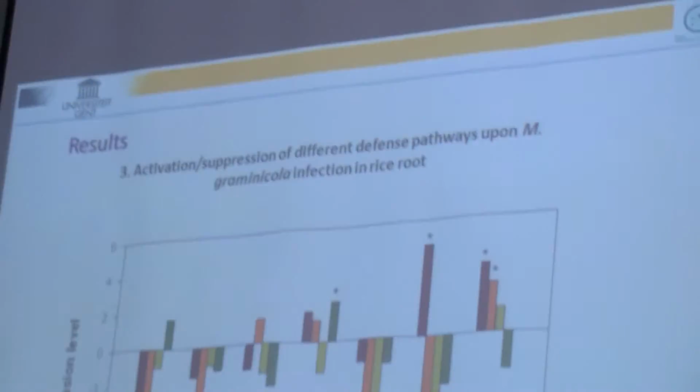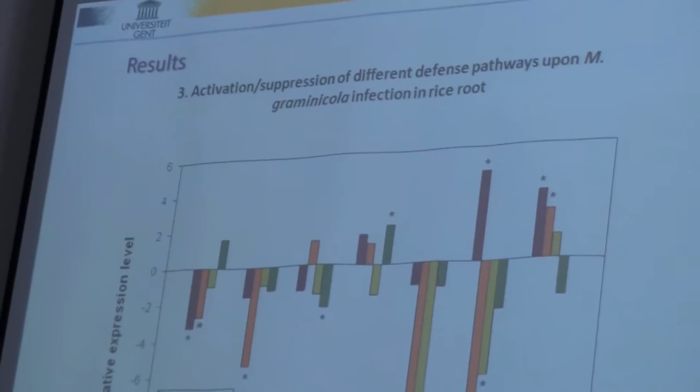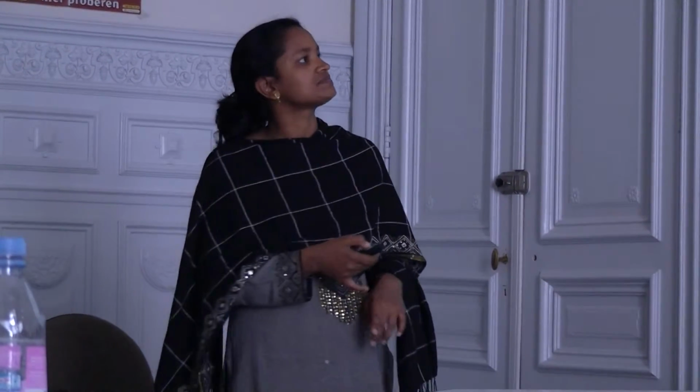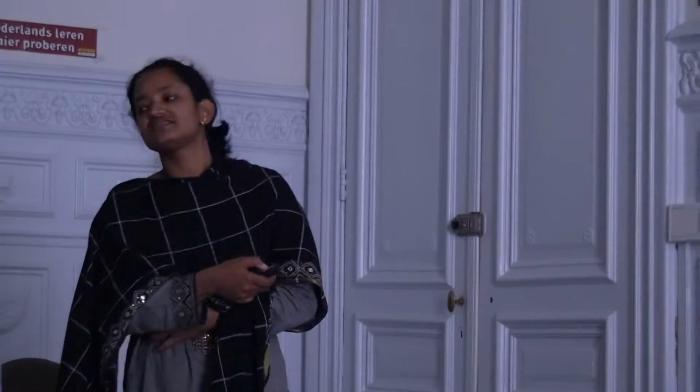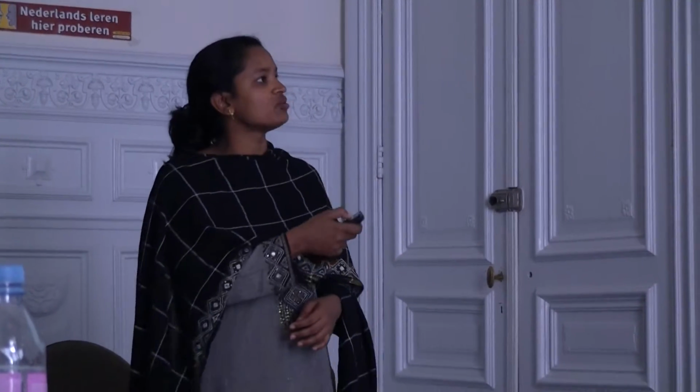Activation or suppression of different defense pathways upon Meloidogyne graminicola infection in rice root was studied in this experiment. For each pathway, one defense-related gene along with two PR1 genes were selected in this experiment. Most of the genes tested were significantly downregulated or had returned to non-infected tissue level at indicated time points of investigation.